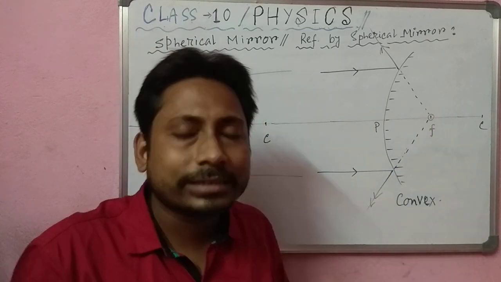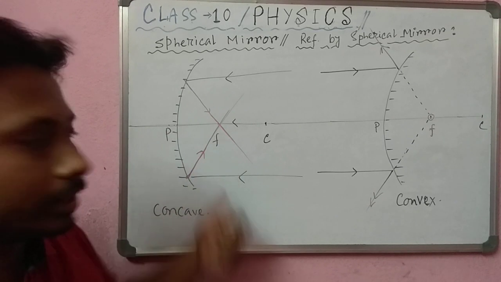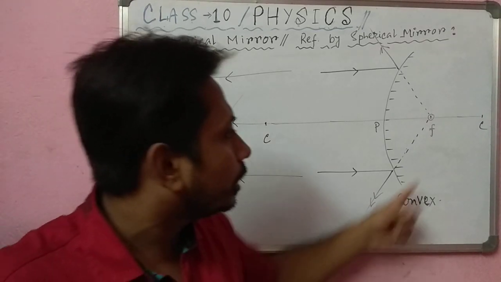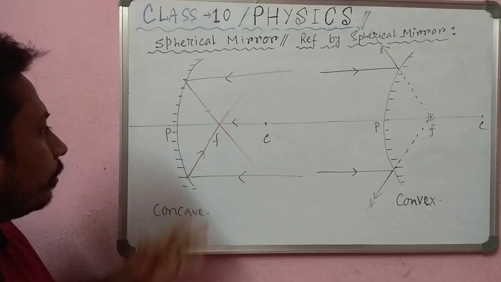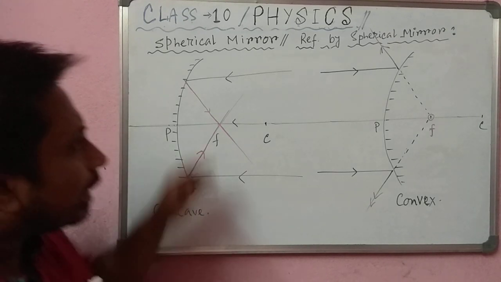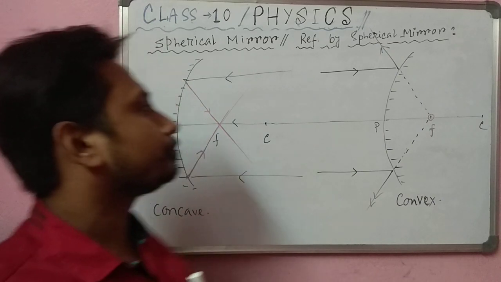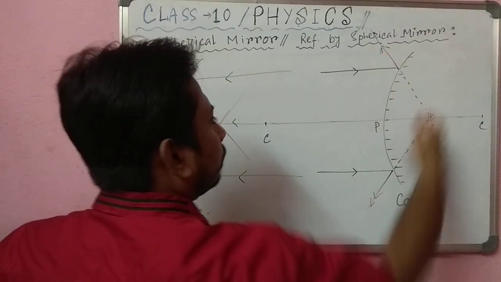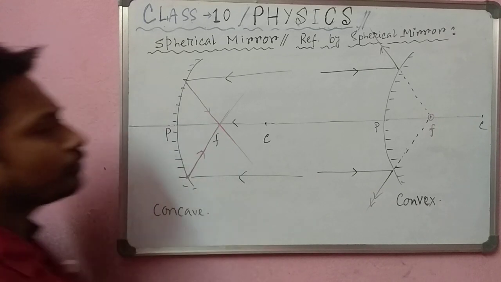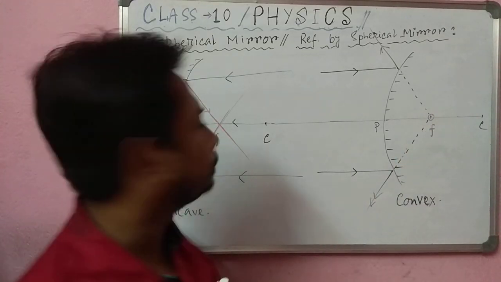So this focus is a virtual focus, but this focus is a real focus. So in the convex case you see the virtual focus, and in the concave case you see the real focus. A parallel beam of light always goes out through the focus for concave, and if you extend these two lines for convex, they will meet at the point called the focus.